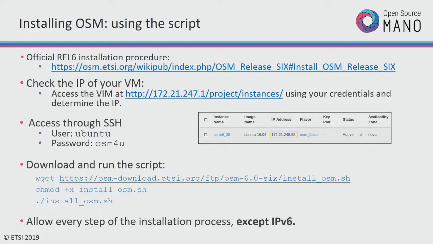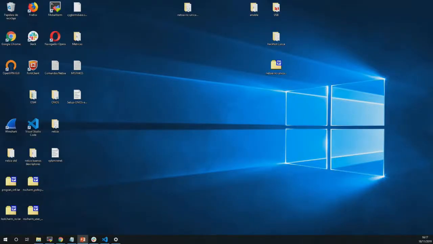Inside the VIM, you will find a VM with an IP, and it's the IP that you have to SSH to with the user Ubuntu, and the password is provided for you. So you have to enter the space, and you will find a VM.